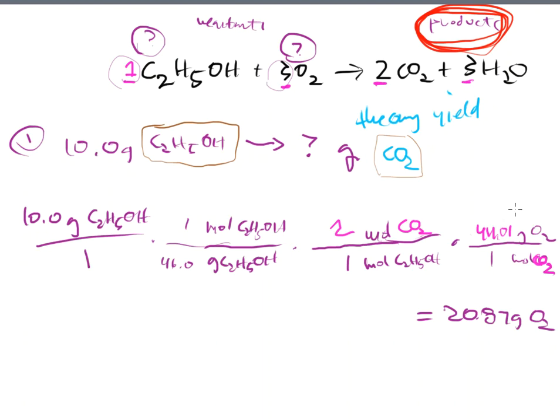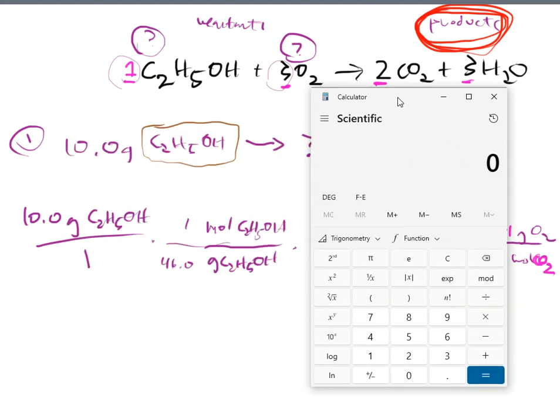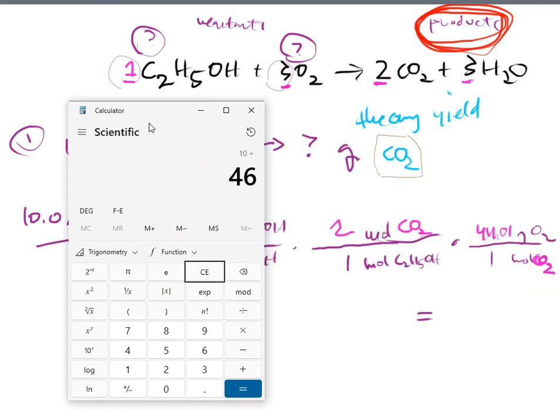And I do the calculation just like I did before. There's no difference. The only difference is that I am calculating how much product that should be generated from these ingredients of the chemical equation. All right, so I'll bring up my calculator. Again, ignore the ones. So I'm going to take 10, and I'm going to divide that by 46. And then this time multiply that by 2.